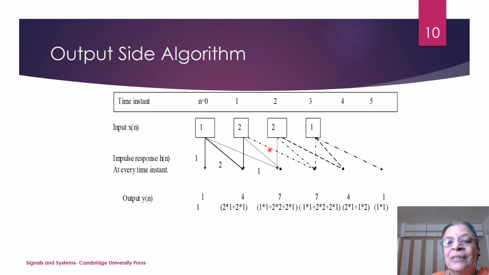At this particular instance, this will contribute, and this will also contribute. At this particular point, this and this will contribute. At this particular point, only the last one will contribute. So I try to find out which contributions are coming from which input sample and then consider the addition. This is the output side algorithm.